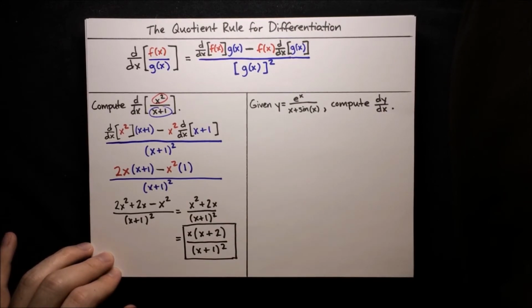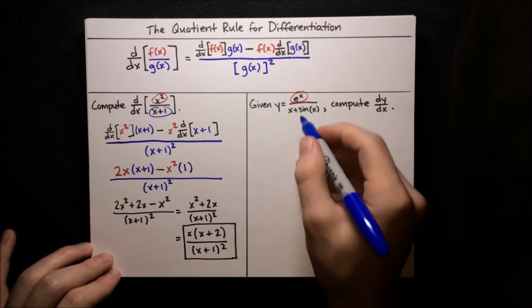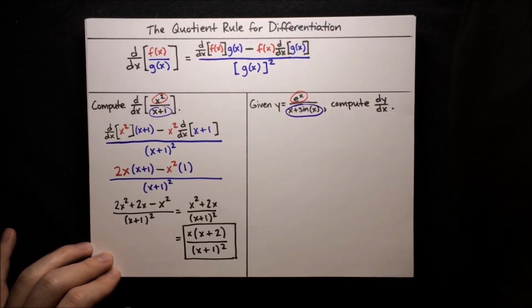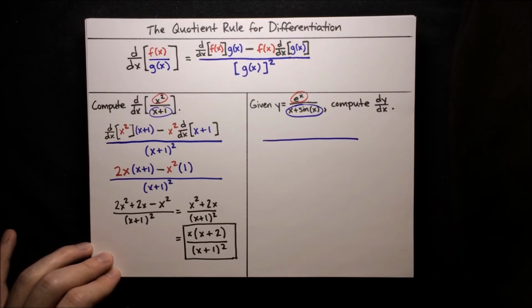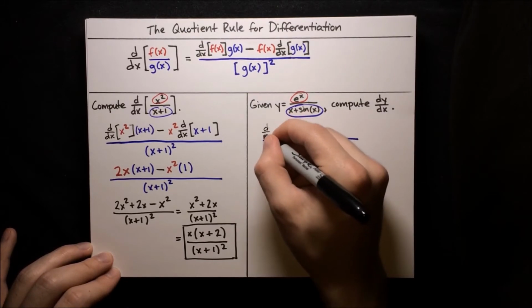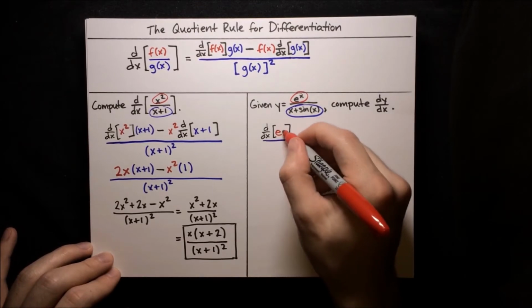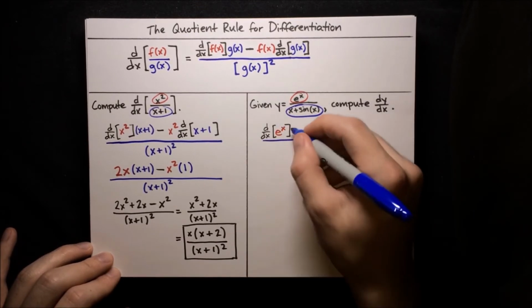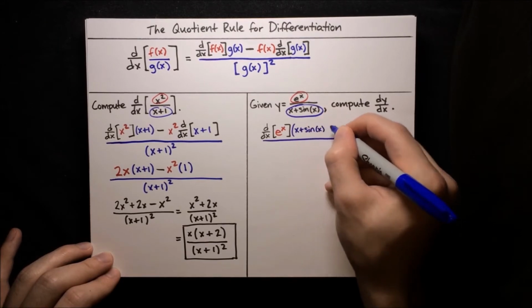Given y equals e to the x over x plus sine x, compute dy dx. So really we're just taking the derivative again. This time the numerator is e to the x, and the denominator is x plus sine x. So we just go ahead and set up that quotient rule. In the numerator, we start out by taking the derivative of the numerator, e to the x, and multiplying by the denominator, x plus sine x.